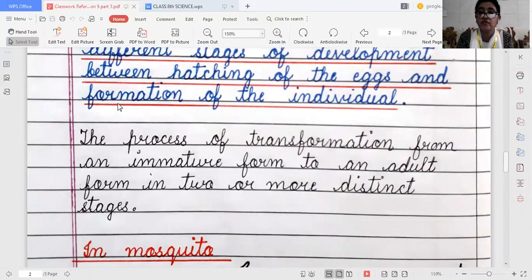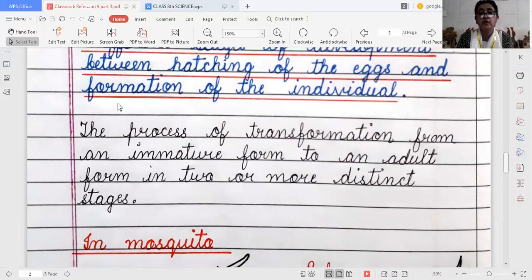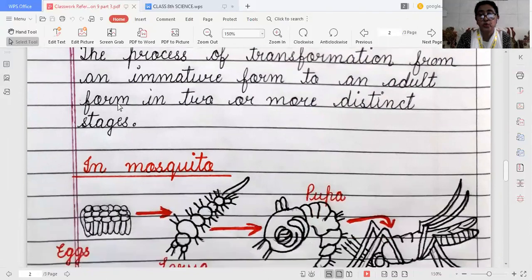What is metamorphosis? The process of transformation from an immature form to an adult form in two or more distinct stages is known as metamorphosis. First we will look at the mosquito.